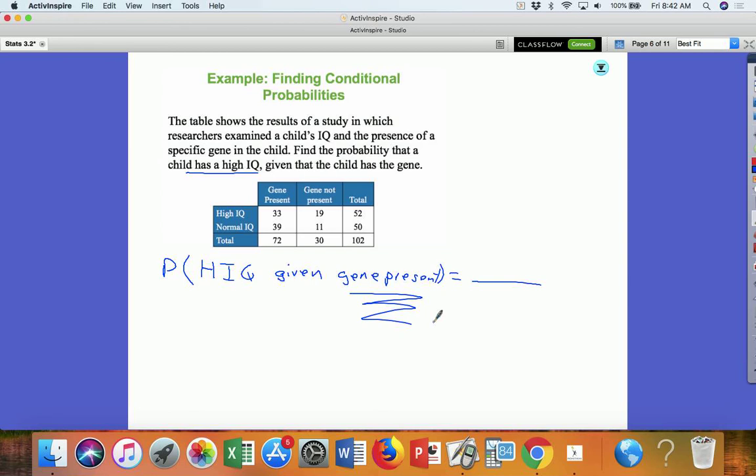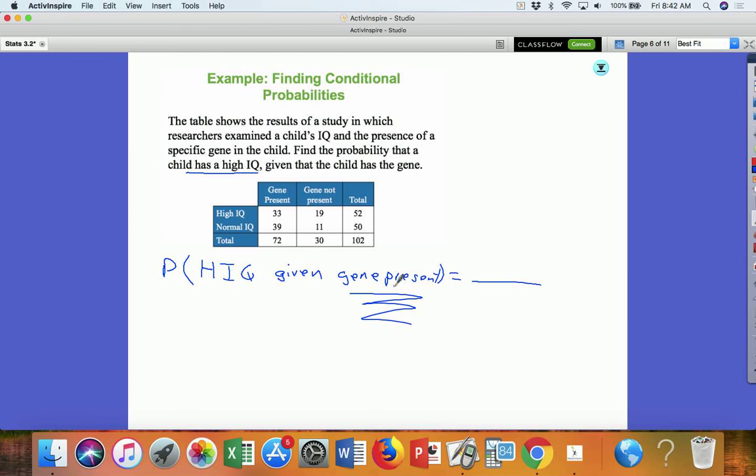So that's our condition, that the gene is present. That means we're only talking about picking out of that group. We're only talking about our chances of having a high IQ kid based on the fact that the gene is present. What do you think this tells you?